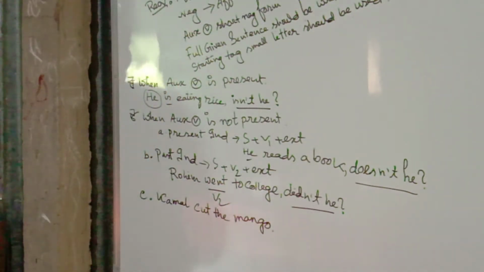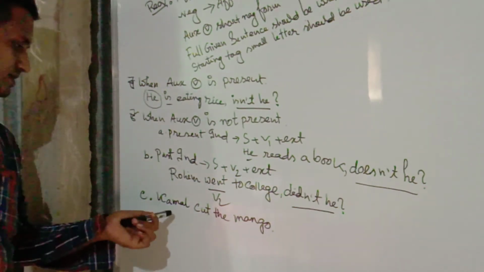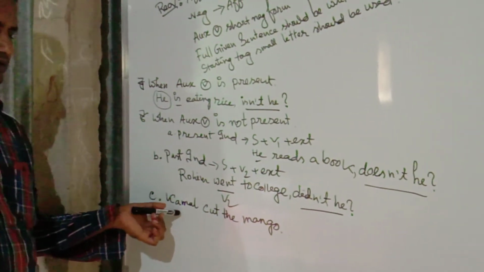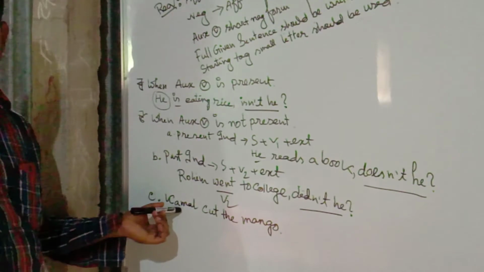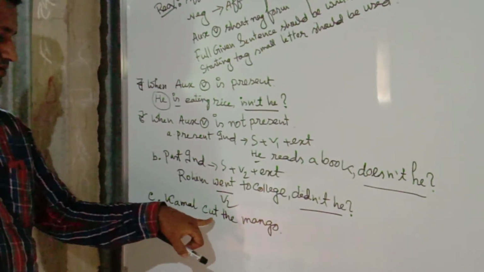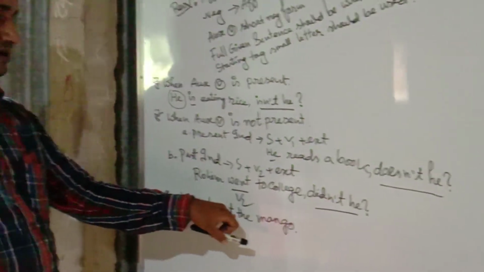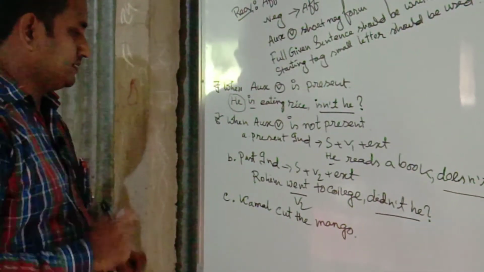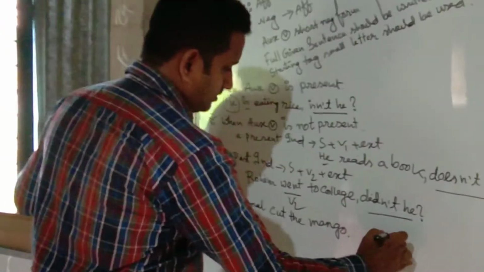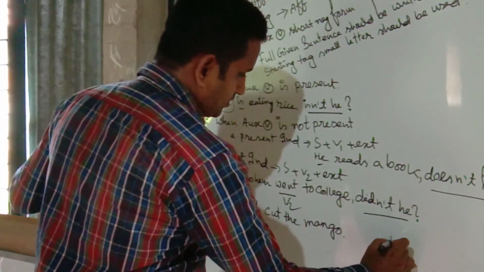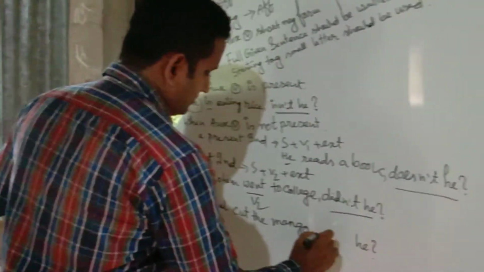At a glance, students can take this sentence as present indefinite tense, but it's not, because in present indefinite tense, when the subject is third person singular, then the verb should carry s or es. There is no s or es. That means past indefinite tense. So what is the pronoun of Kamal? Kamal's pronoun is he, and didn't he.